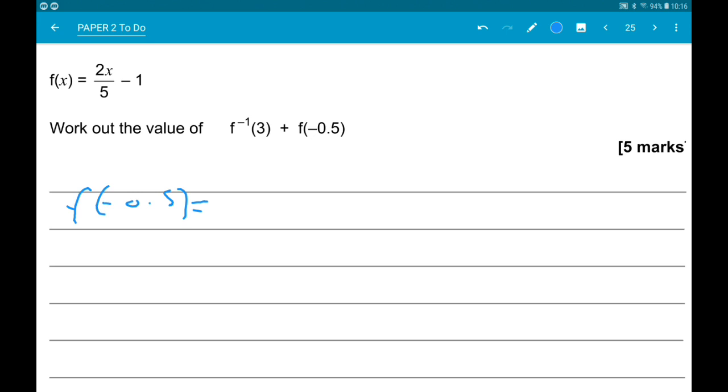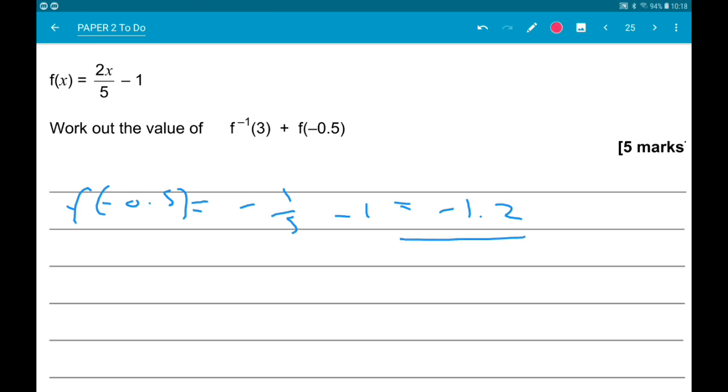So, all we're doing there is substituting in x is minus 0.5. So, we're going to get 2 times minus 0.5 over 5. So that's minus a fifth minus 1. Now that is minus 1.2. Okay, now remember that.